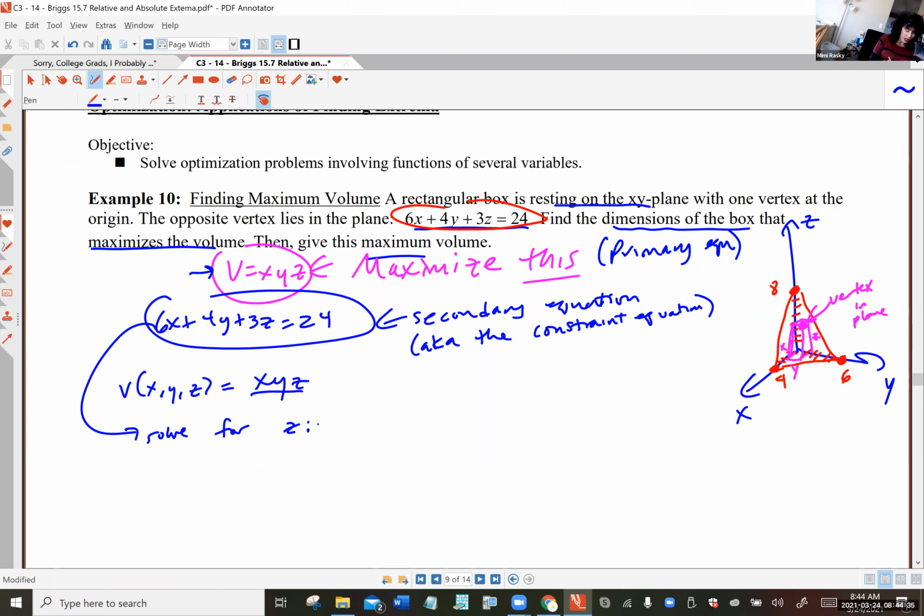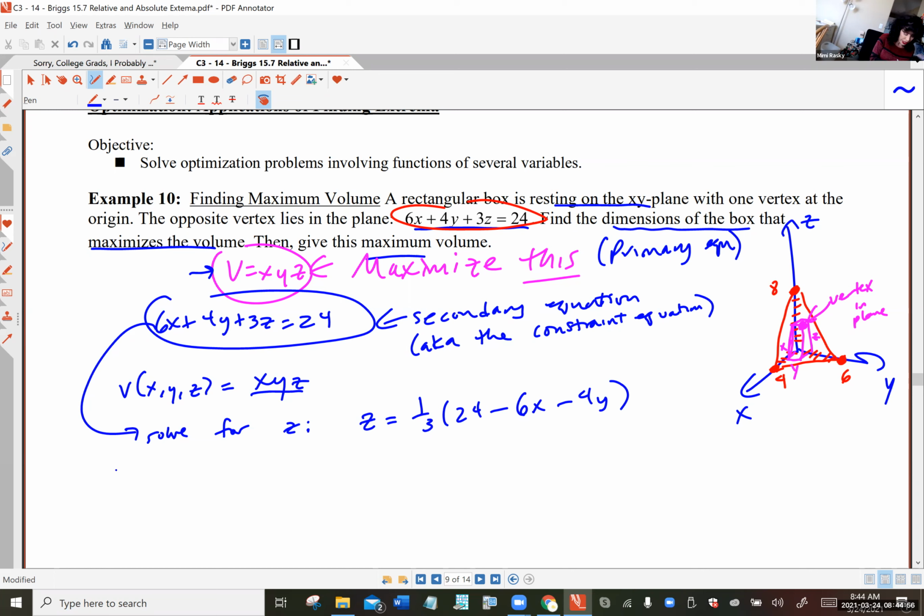That's the plan. So when I solve the plane equation for z, I'm going to get 1/3 times the quantity 24 minus 6x minus 4y. I did that pretty quick, so hopefully you can follow how I did that. I just subtracted the 6x and 4y from both sides and multiplied both sides by 1/3.